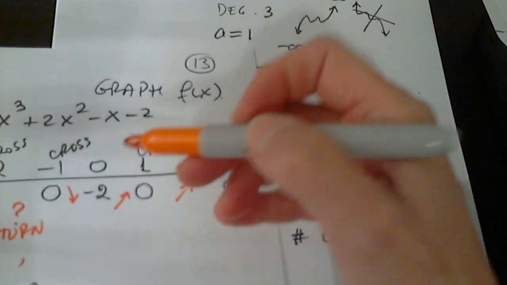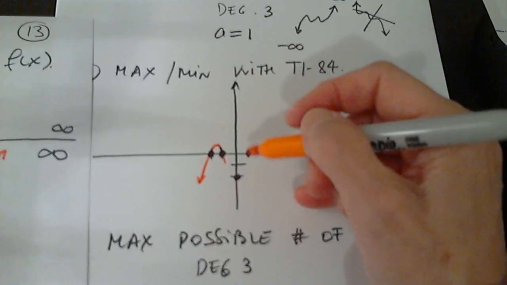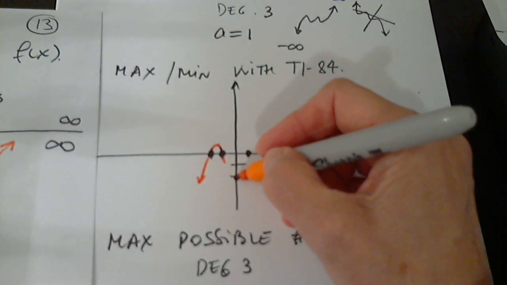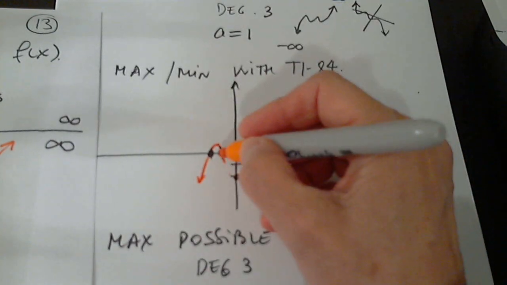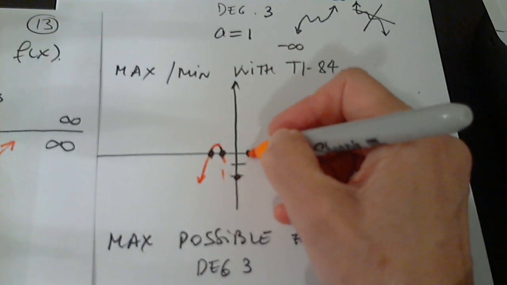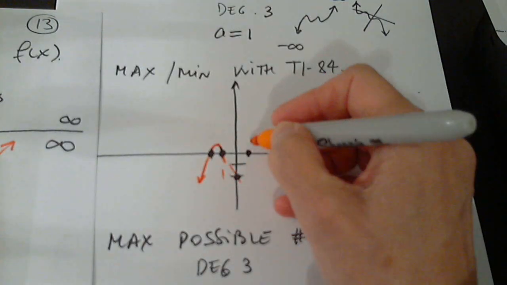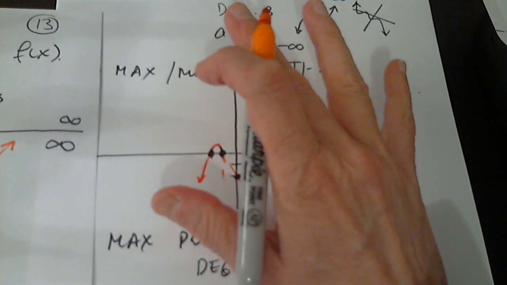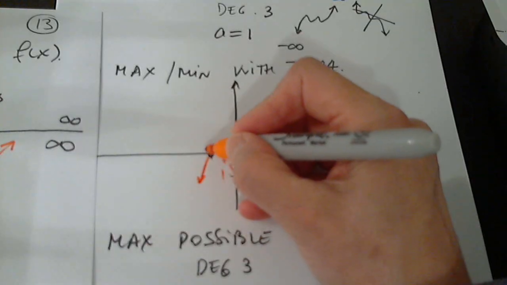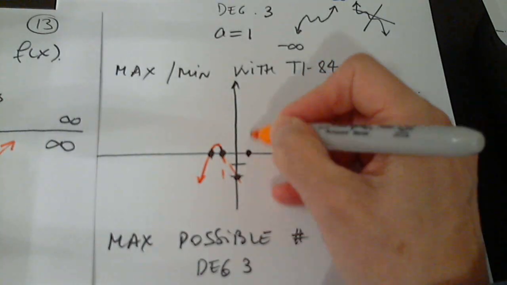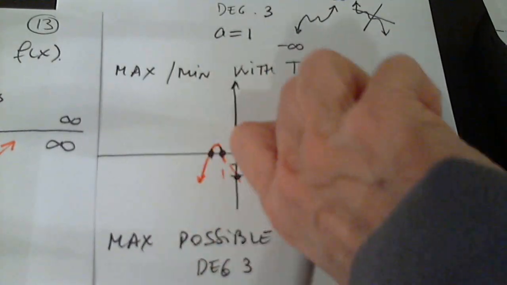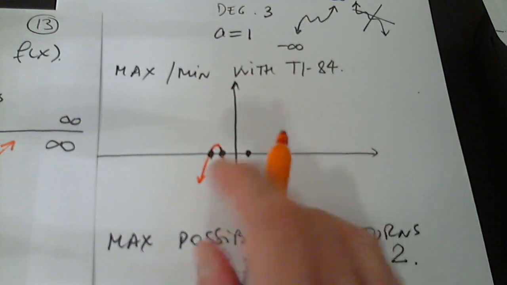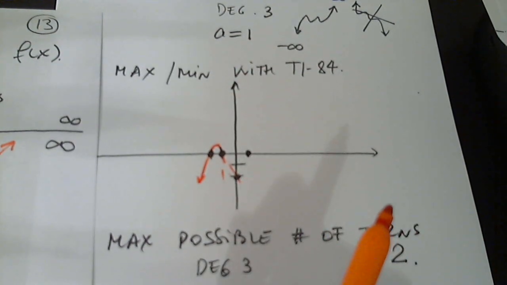Now, it's going down to 0, -2, but I don't know if it turns here, if it turns before, or if it turns after. That part I don't know. This has to be determined with the graphing calculator. However, these graphs have to be smooth, continuous functions. If I have to twist my wrist to graph it, something is wrong.